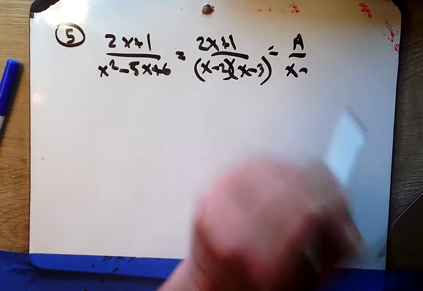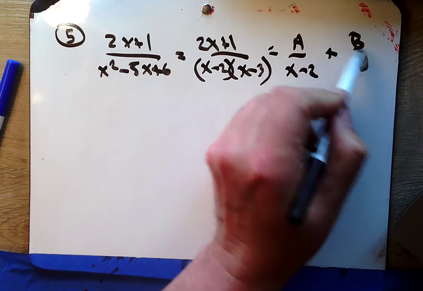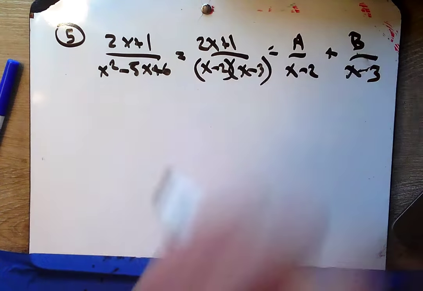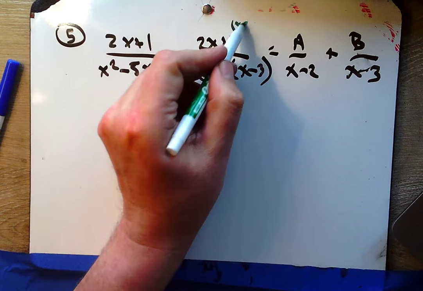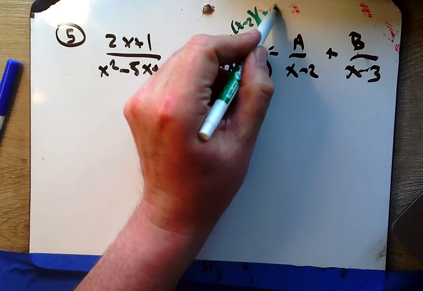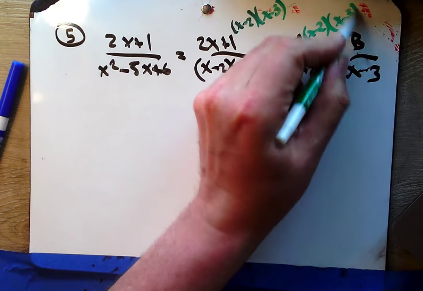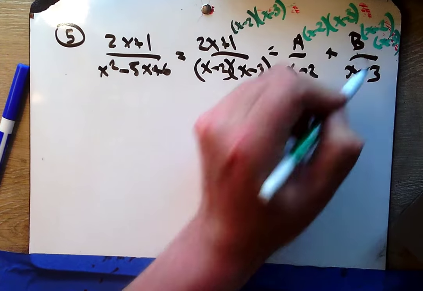A over x minus 2 plus b over x minus 3. So let's multiply everywhere by our least common denominator. That's x minus 2 times x minus 3.